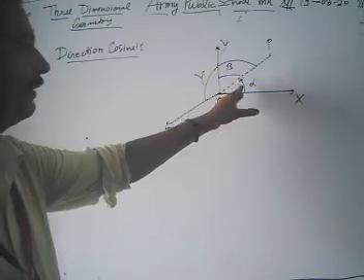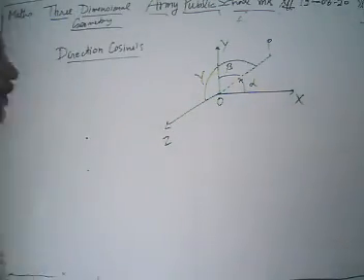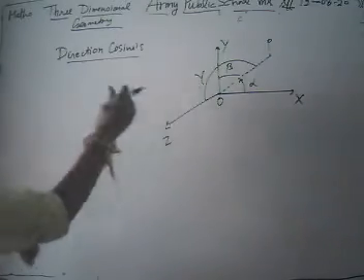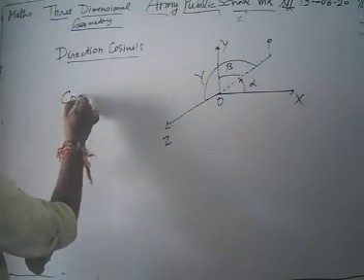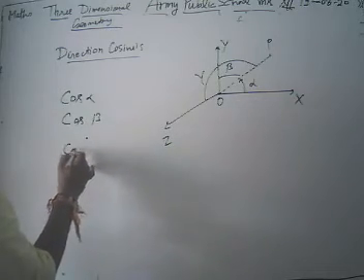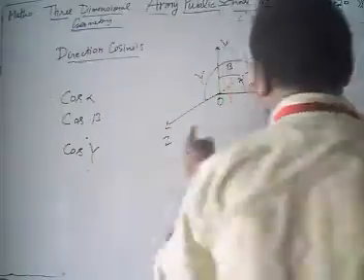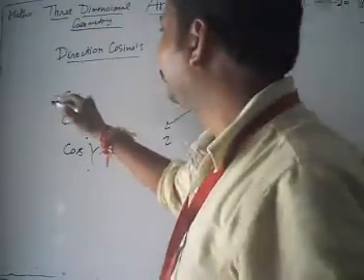These angles alpha, beta, gamma are known as the directed angles, and the cosines of these angles, cos alpha, cos beta and cos gamma, are known as direction cosines.